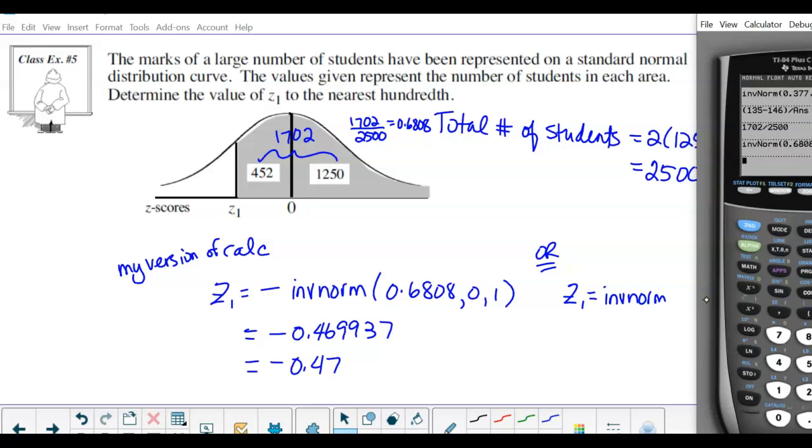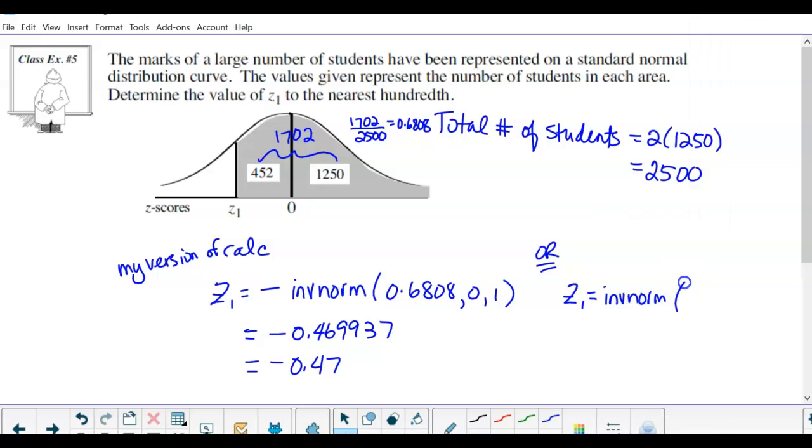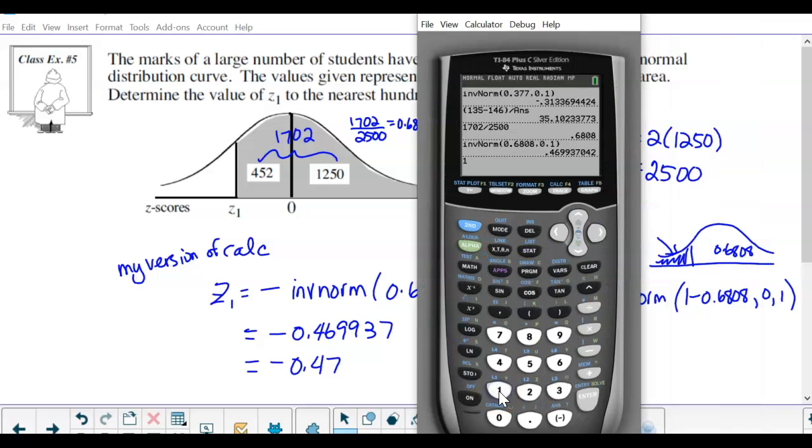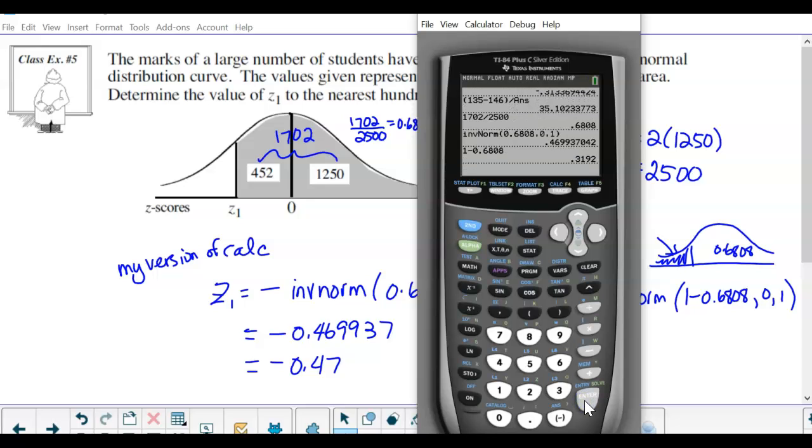You could put it in your calculator like this: 1 minus 0.6808, to get that left part here. The whole thing is 1. If I know this is 0.6808, then this will be 1 minus it, which is 0.3192.